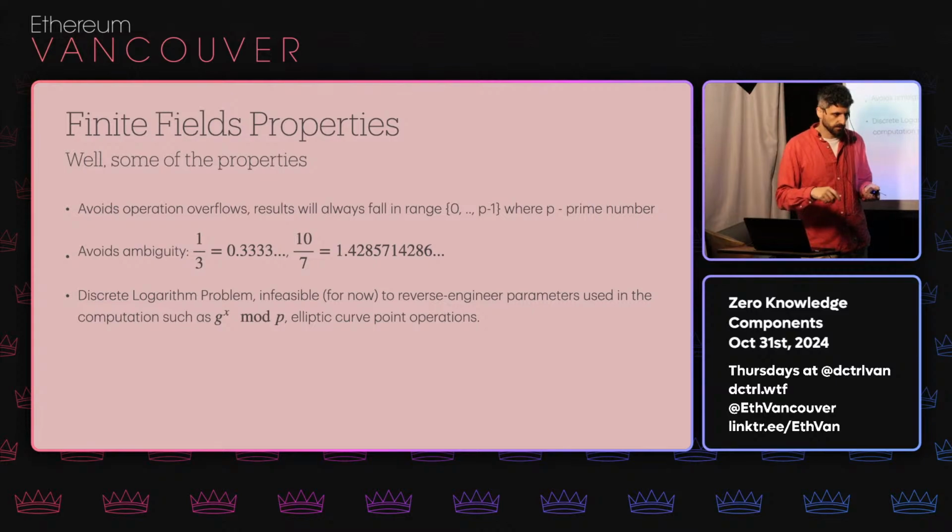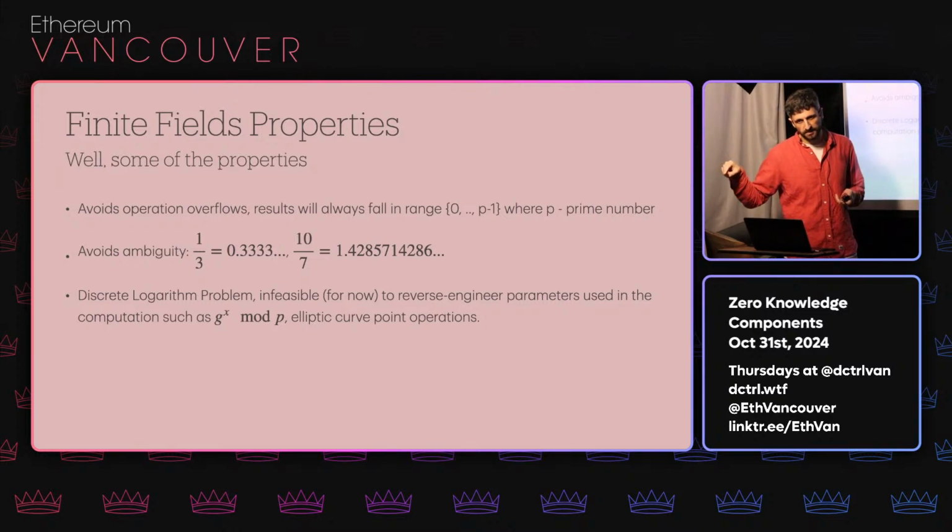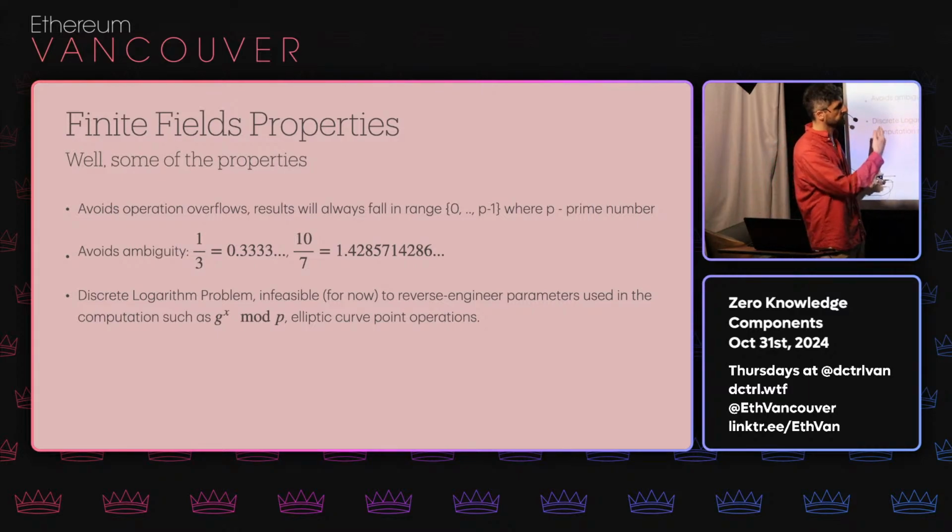Even if I give you an extremely huge number, you still can do this by writing some small program which will do some brute forcing and try to find these operands. But if you apply a modulo operation in the end, your result will be readjusted back to the finite field, and it will be hard to figure out what the original values used for the operation were. So that's basically one of the reasons why we are using finite fields in zero knowledge proofs.